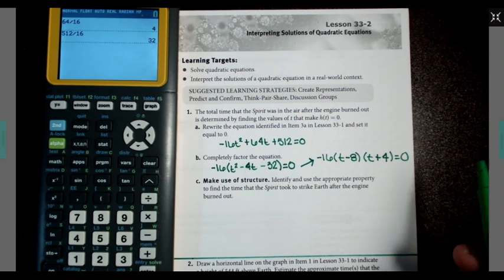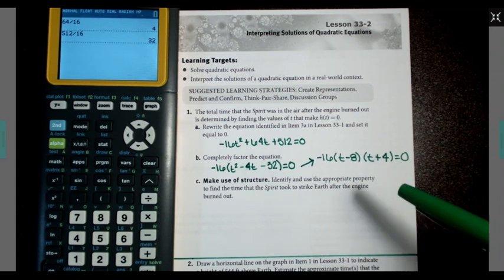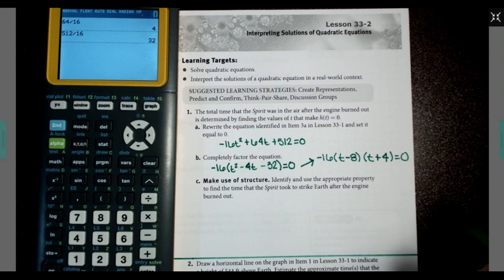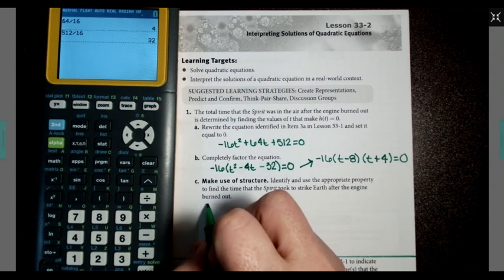It says, identify and use appropriate property to find the time that the Spirit took to strike Earth again after the engine burned out. Well, we're going to apply what we call the zero product property.